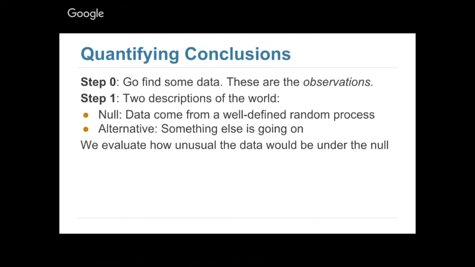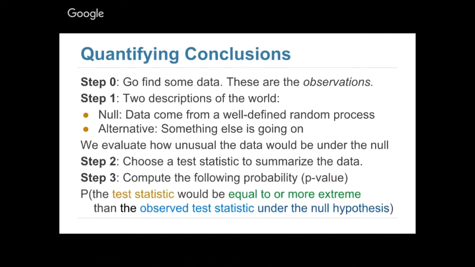Okay, so what we do is we say, assume the null is true. Look at how the world would have behaved by drawing simulations, and then see how likely my result was to occur. Okay, so we choose a measurement of weirdness, essentially. We choose a measurement of distance to say, the higher or lower this number is, the more strange my result is. That's our test statistic. And then we draw simulations and compute a p-value.